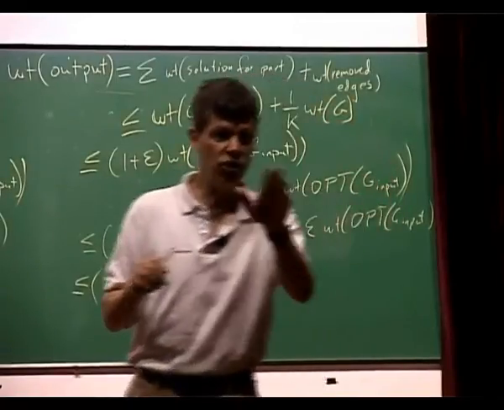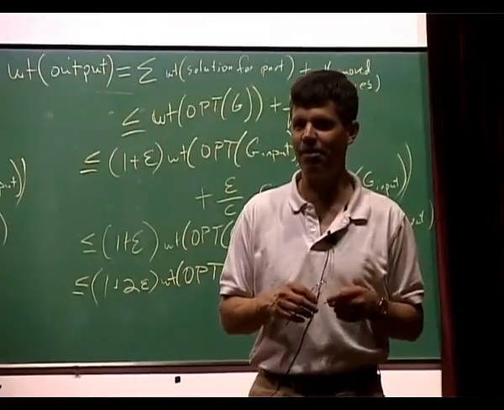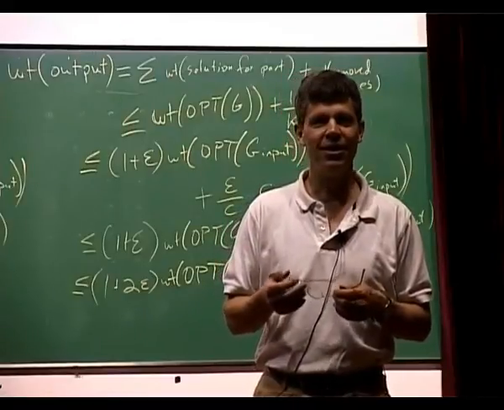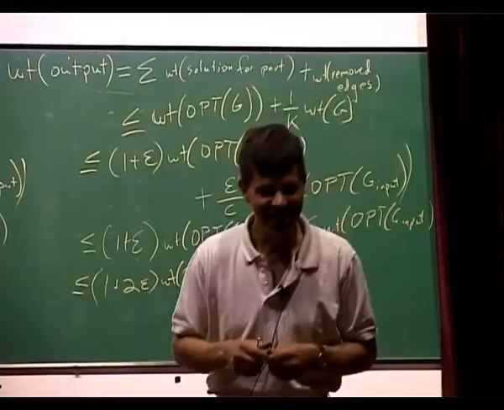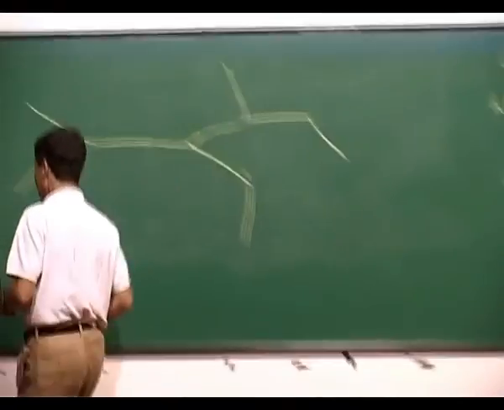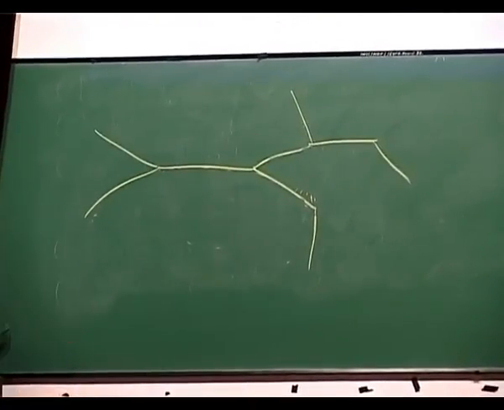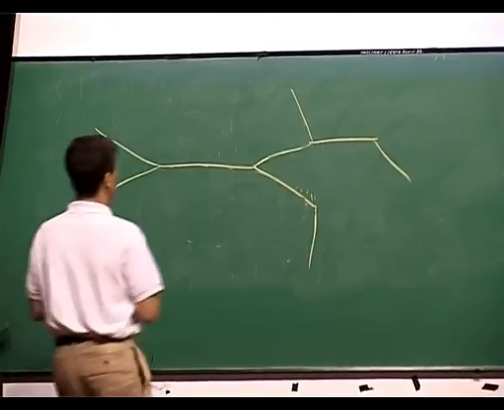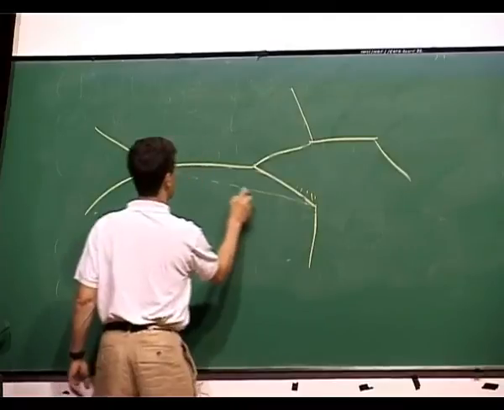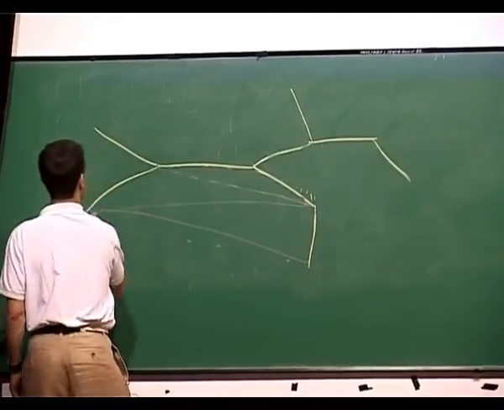Okay, so that's a good solution, but I want to move to another way of thinking about it because it connects back better with the other stuff I talked about. The interdigitating tree. That's right. So let's look at all the edges that we might have in this graph. Let's say we have an edge like this, an edge like this.